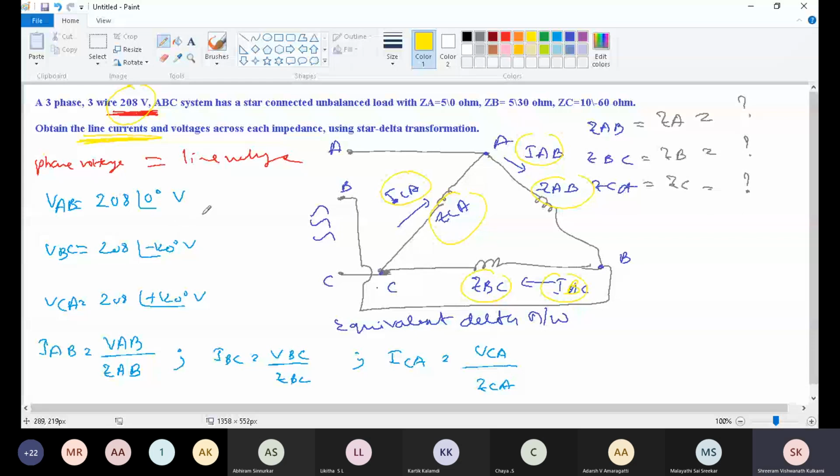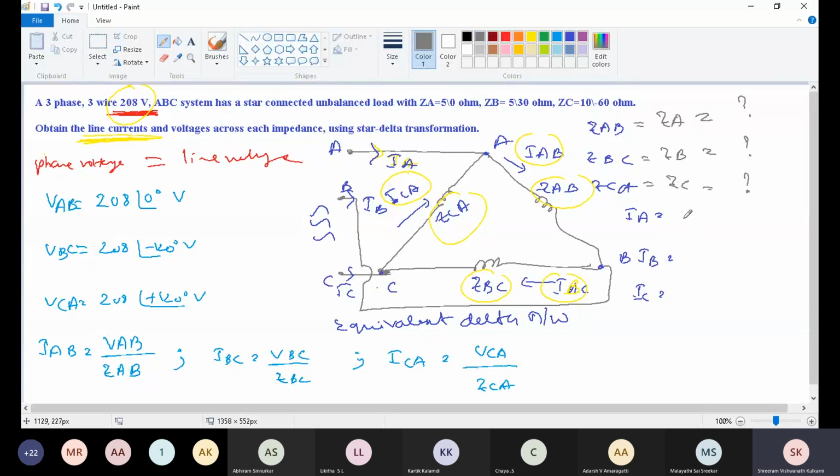Okay, for that we see here ICA. This is IA, this is IB, this is IC. My line currents are IA, IB and IC. We need to calculate IA, IB, IC.